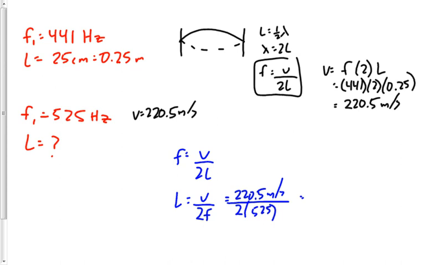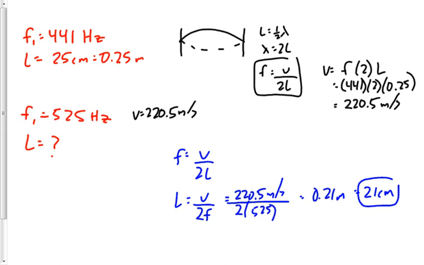Let's see what we get when we do that. 220.5 divided by that gives me 0.21 meters, or 21 centimeters. We got that one. That's the answer that was on the worksheet for it. Good.